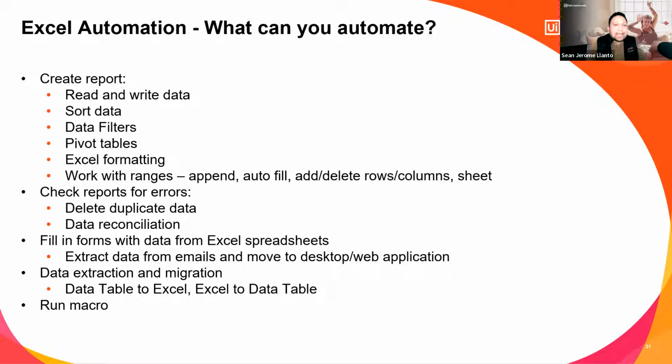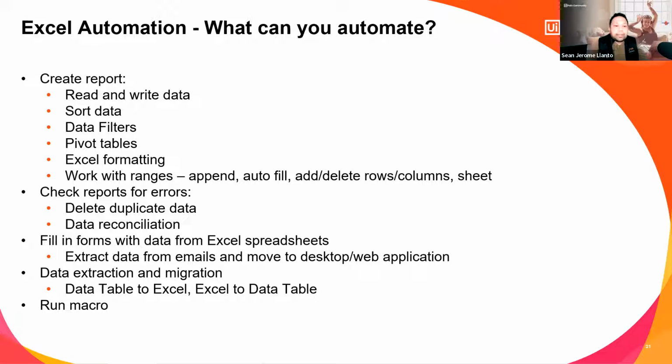And then, of course, after extracting this information, what do we do with it? Some would actually be sending an email with the report that was generated. Some would then capture this information from the Excel file, maybe enter the data into another portal or another system, though it's a desktop or a web application and so on.